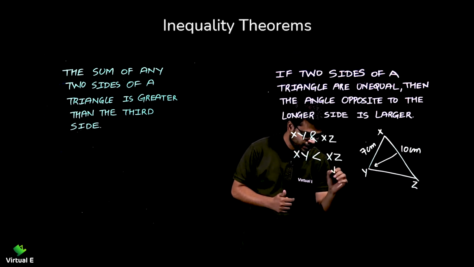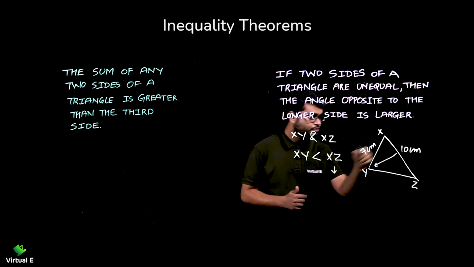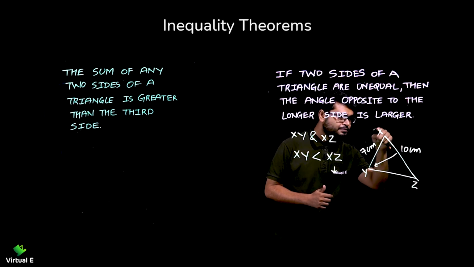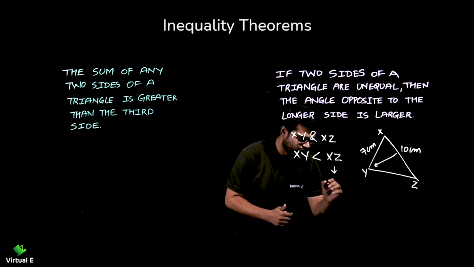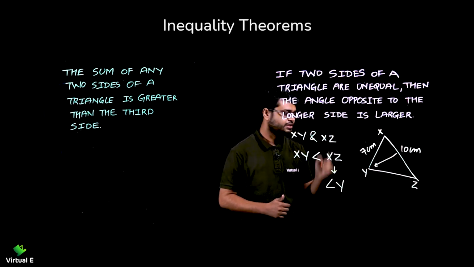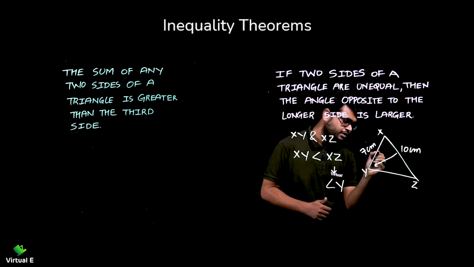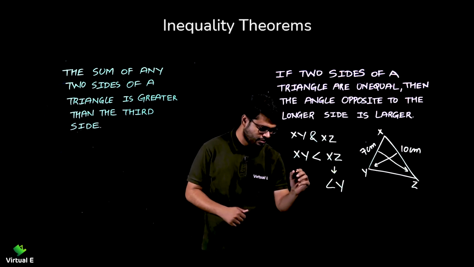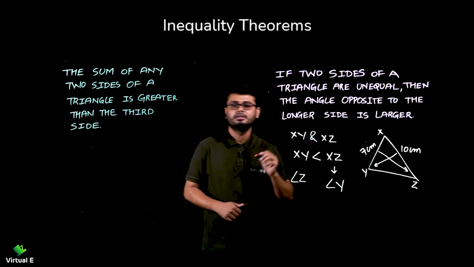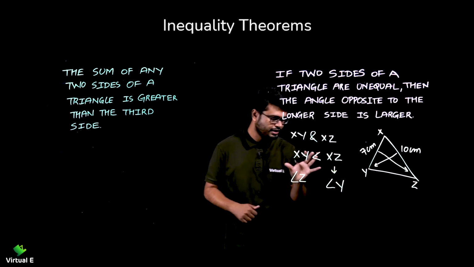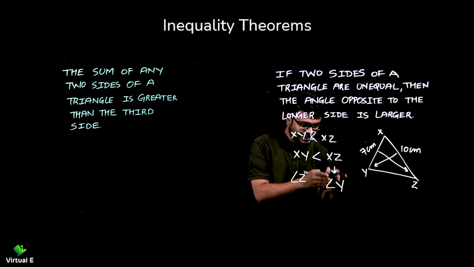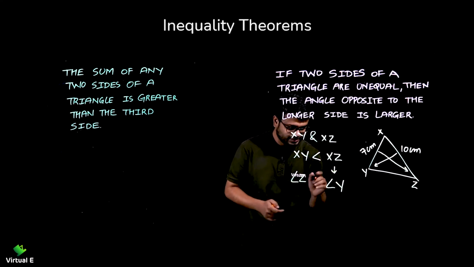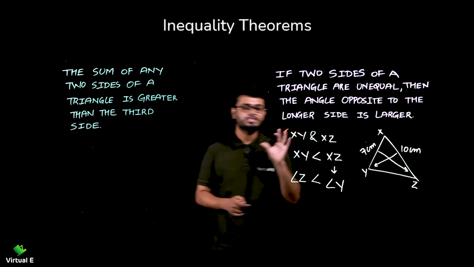So opposite to side XZ is angle Y. Now opposite to XY is what? Angle Z. Now we can say that angle Y is greater than angle Z. So this is the conclusion.